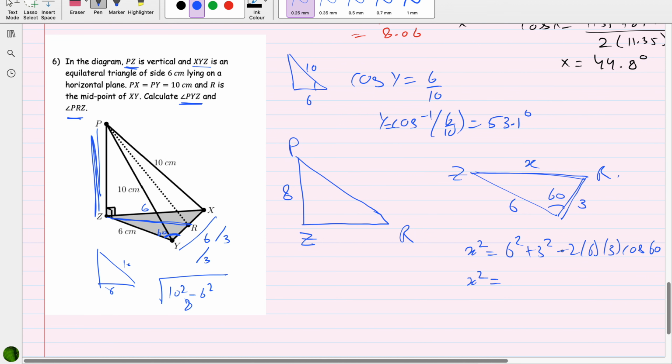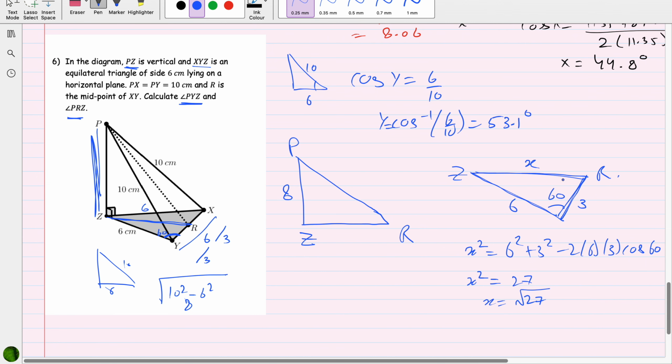If you cannot use this directly, please go to the video I have uploaded, labeled cos rule. So that is 27, and x is equal to square root of 27.